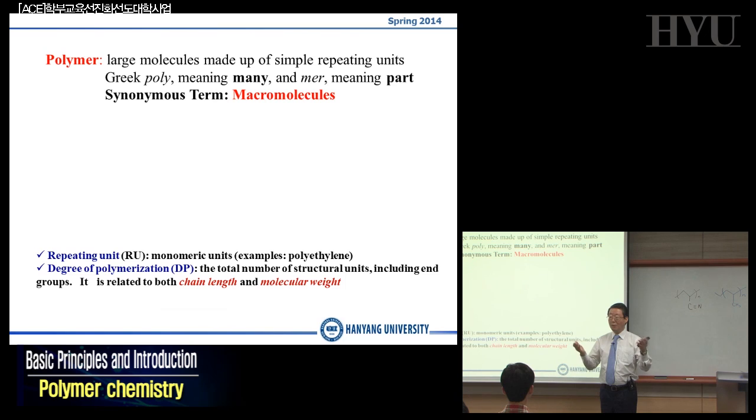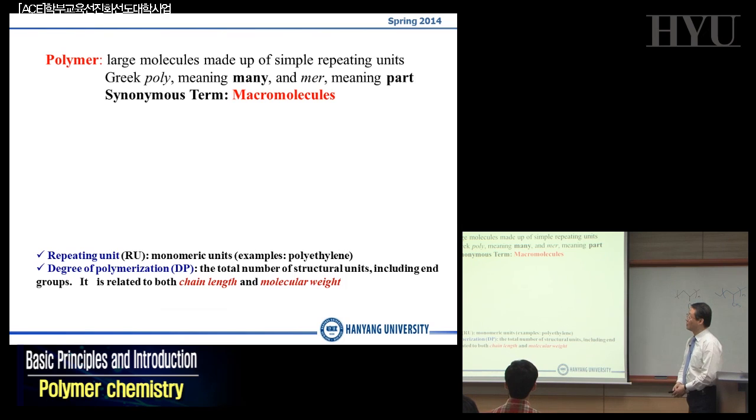Polymer was widely used in Europe, whereas macromolecules is sometimes used in the U.S. and so on. But anyway, there is some mixture of the terminology, and there is no distinction between polymer and macromolecules.